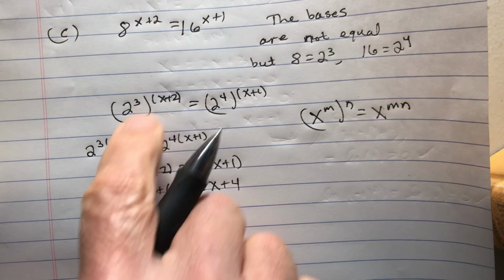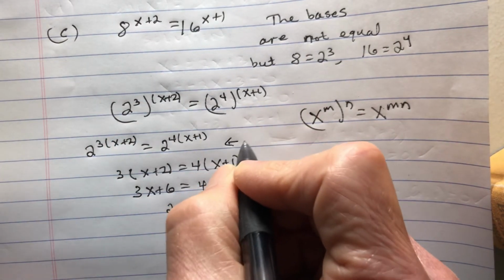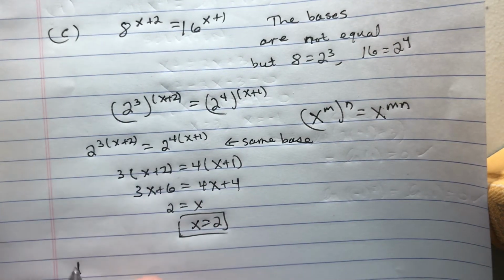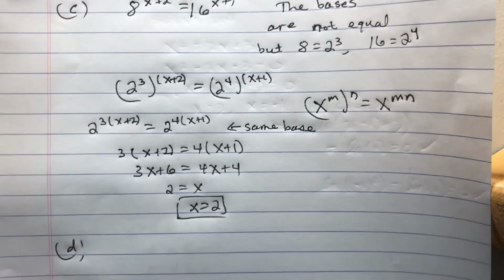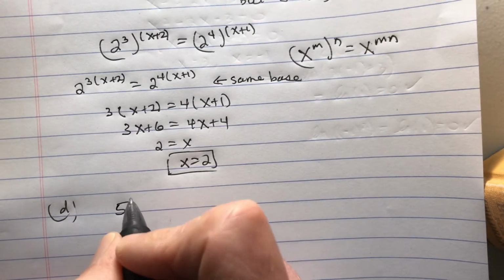So the key is we need to get to a point where I have the same base. If I can't get to that point, then we have another way to do that, but maybe it's a little more involved, but we'll talk about that also.